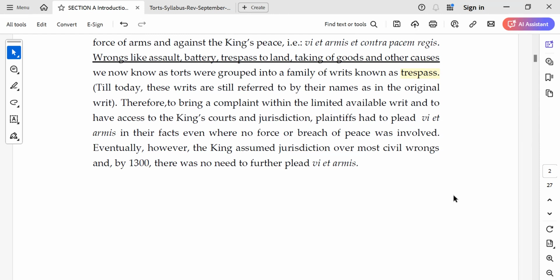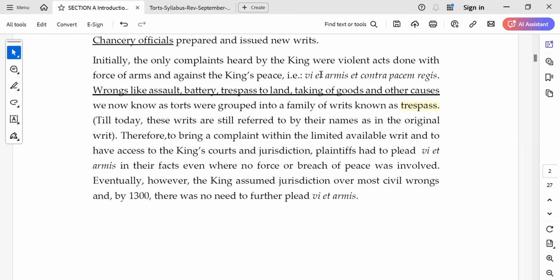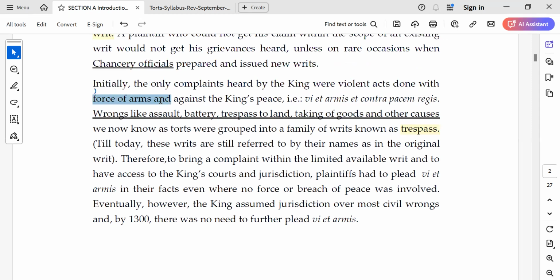So basically the facts are slightly tweaked to say that force of arms was used, because they wanted it to come under the particular form. We do that even in the present day. Now everything is online. For example, when you are filing a particular application, there will be some compulsory points, right?